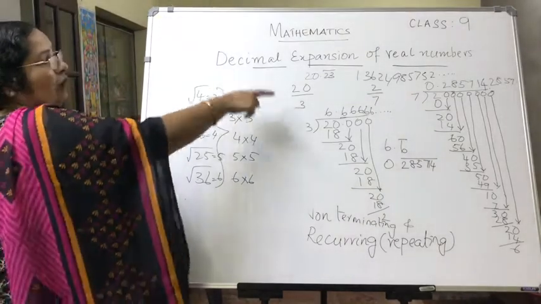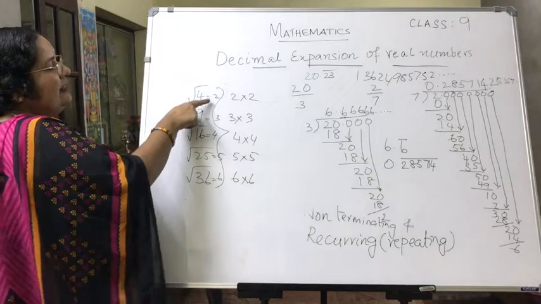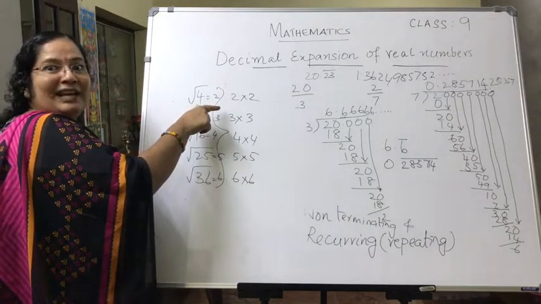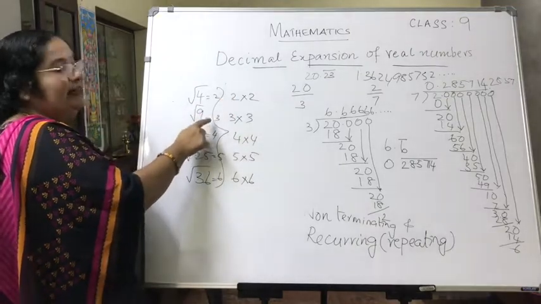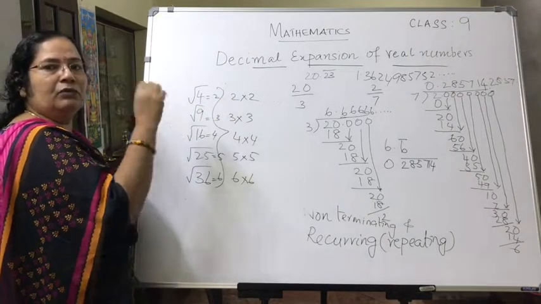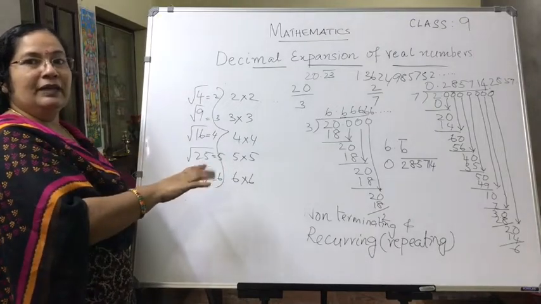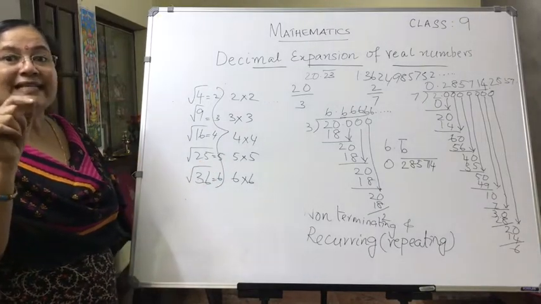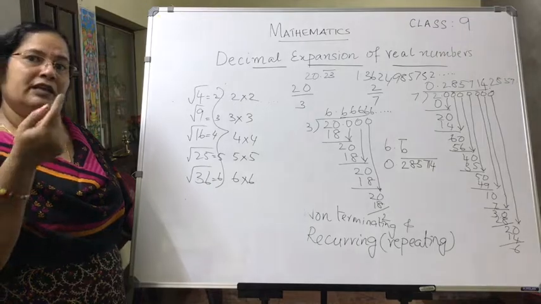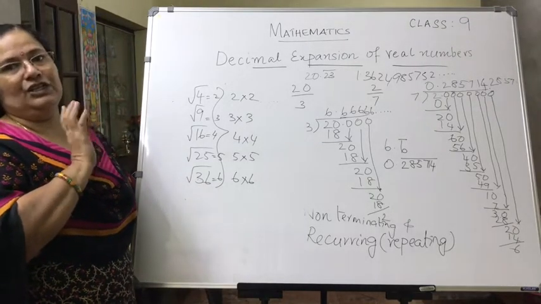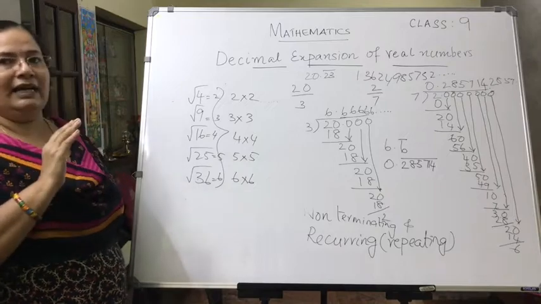See here, now you have understood decimal expansion. See the decimal expansion of root 4. It is terminating: 2.0, 3.0, 4.0, 5.0, 6.0. So it is stopping there. It is terminating. So what type of number would it be? It would be a rational number. So I think the doubt is clarified.